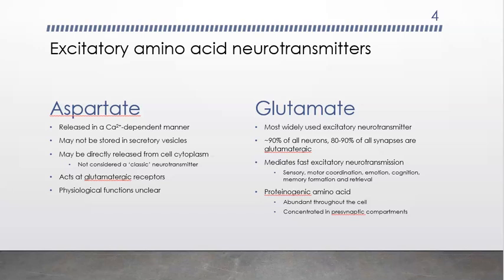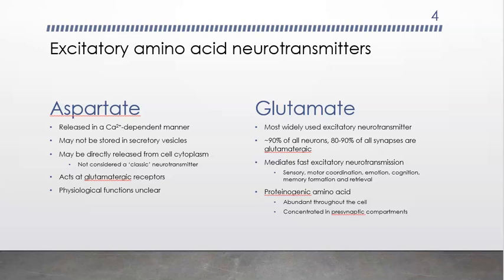Again, it is a proteinogenic amino acid. We see it throughout the cell, so it's not just in the axon terminals to send the neurotransmitter. We see it in the dendrites, in the soma, in the axon, as well as in those axon terminals.